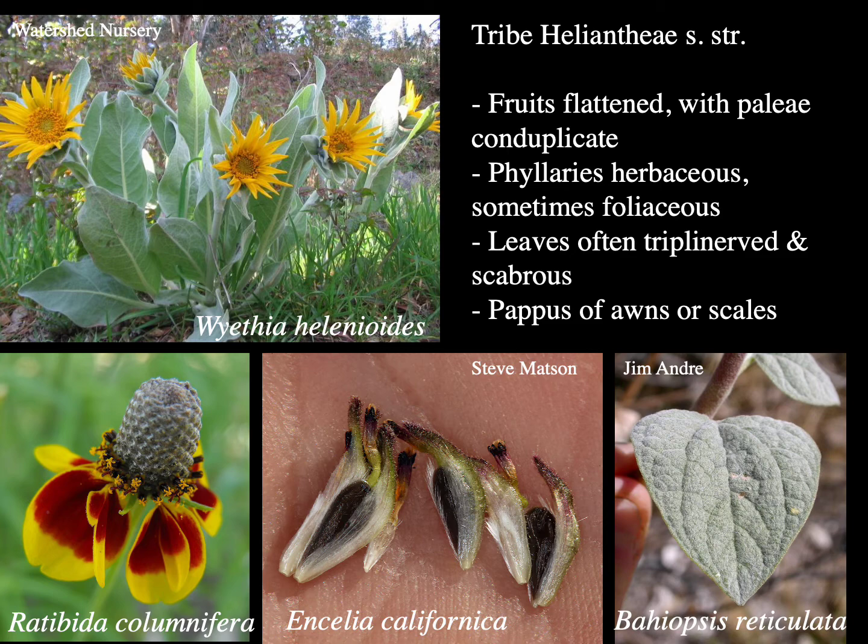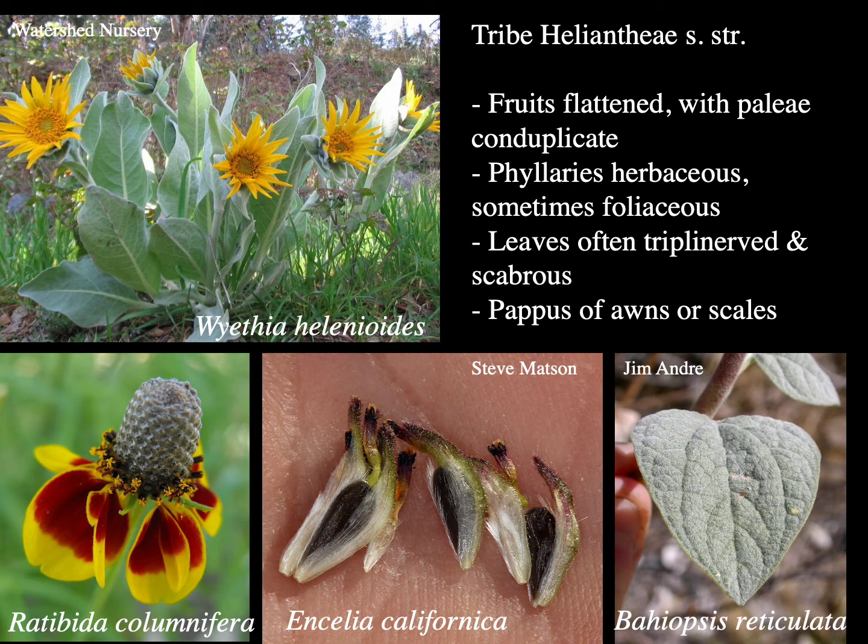So they're usually compressed fruits, as we can see in the Encelia down here in the lower central panel. And also, as you can see there, the palea, or receptacular bracts, are often conduplicate, folded around the flattened fruit. And this is a feature that's widespread within the tribe.